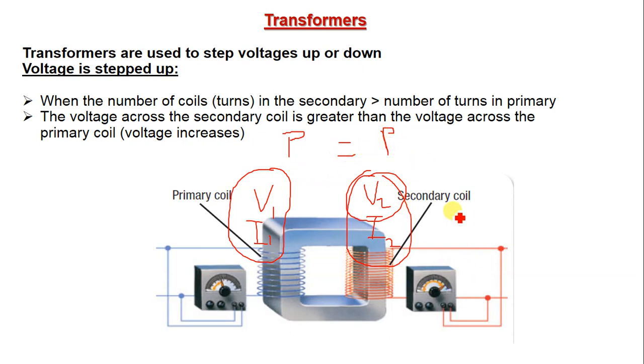The secondary coil is not going to create any new energy or extra power. So here I want you only to understand that when the step up transformer increases the voltage, it decreases the current.